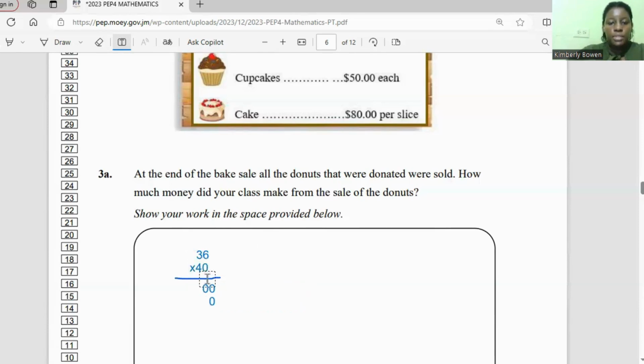So 4 times 6, that's 24. And we put the 4 down here and bring up 2.